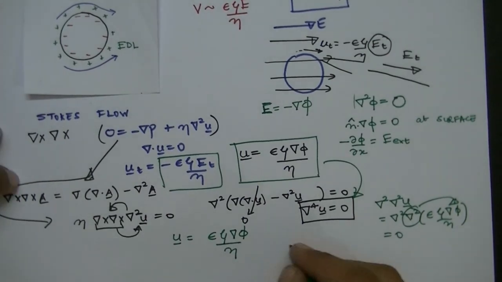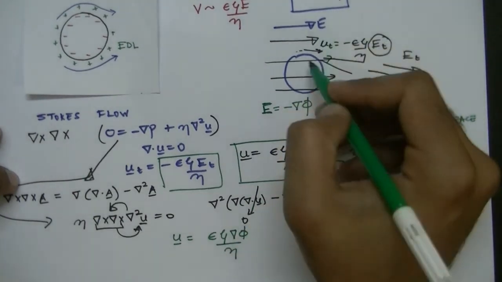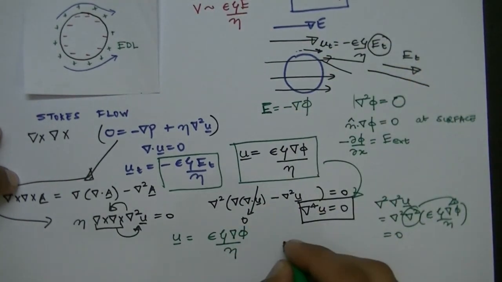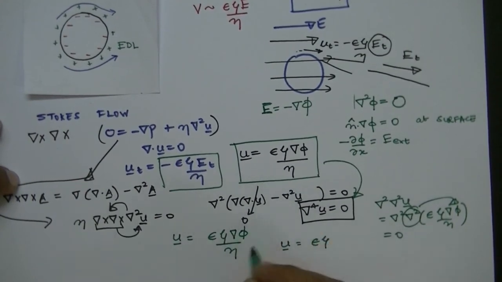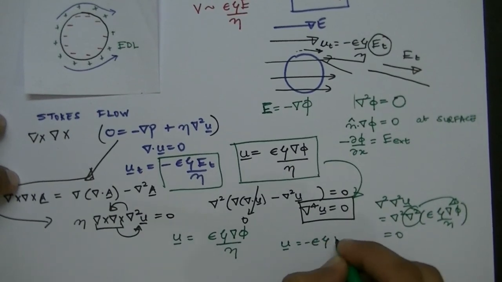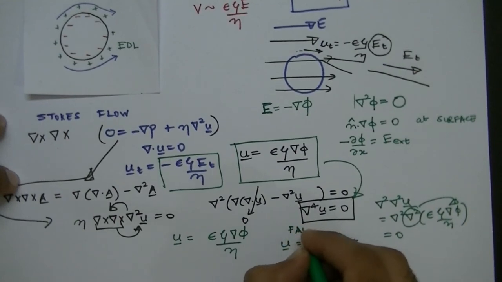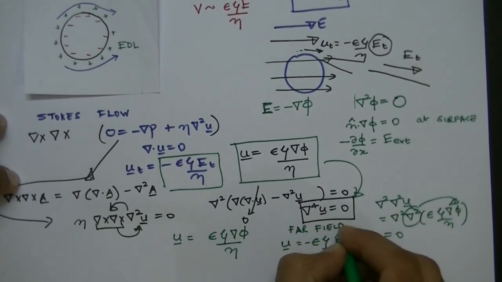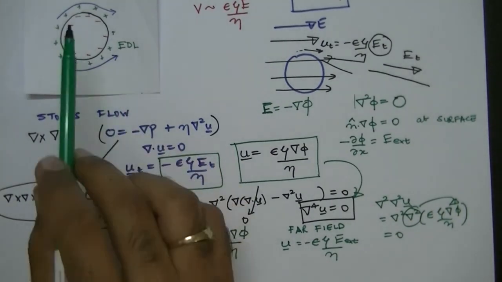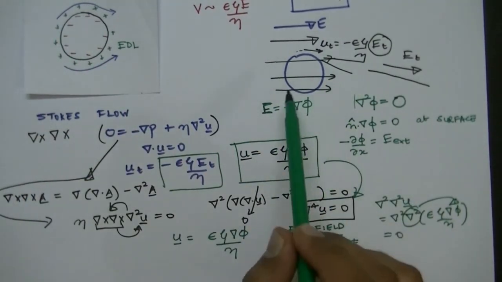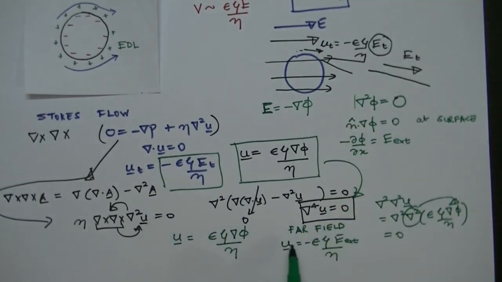So in the far field, as you go far from this particle surface, u is given by epsilon zeta, so gradient phi is negative of the electric field, over eta. So that means if you apply an electric field over a particle which is held stationary, then the flow velocity in the far field is again given by this value when the EDL is very thin.